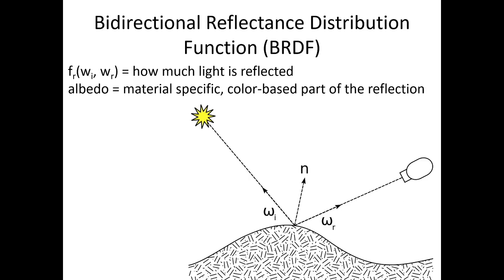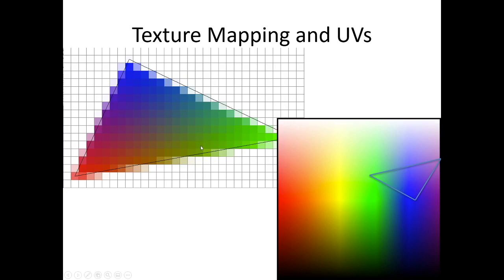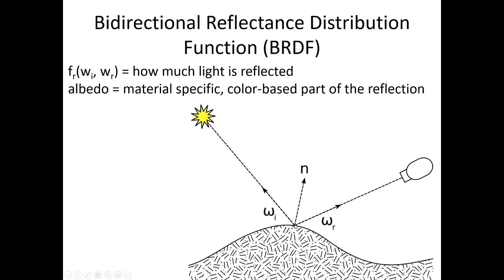Okay, so when we are computing a better model of our light material interaction, then at every one of these pixels for the surface where we're trying to figure out what color it's going to represent, rather than simply picking a color and sending that back to the viewer, I'm going to go through this whole function, this BRDF, which takes into account both the light which is incident on that point, so that you've got WI, and then the light that gets reflected away from that point, the WR.